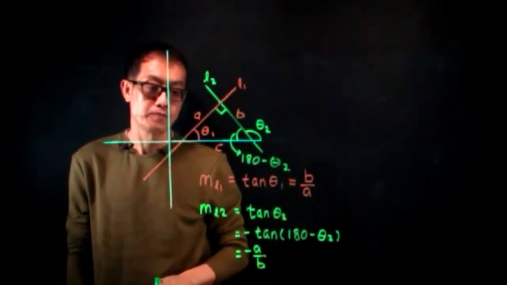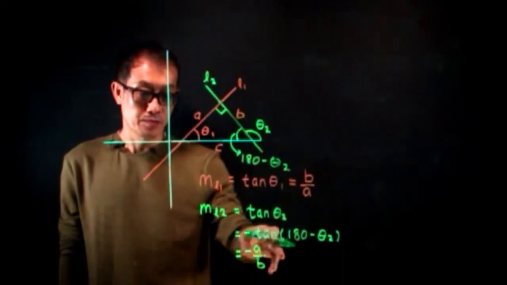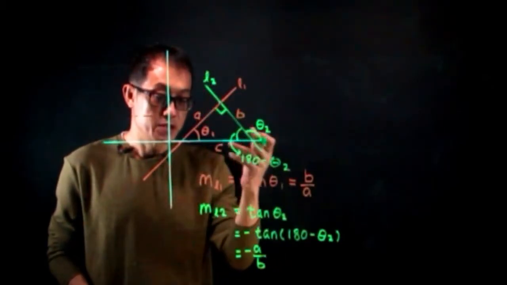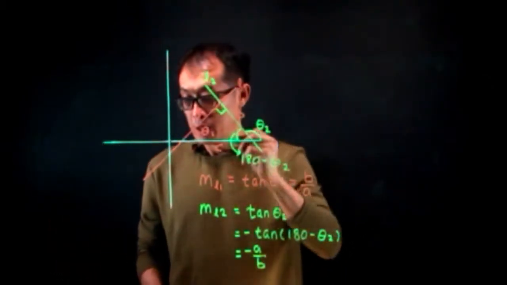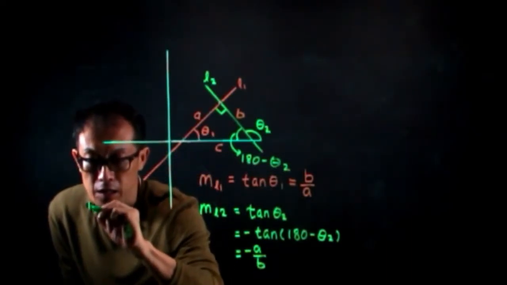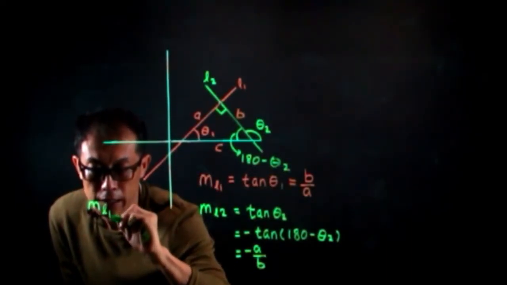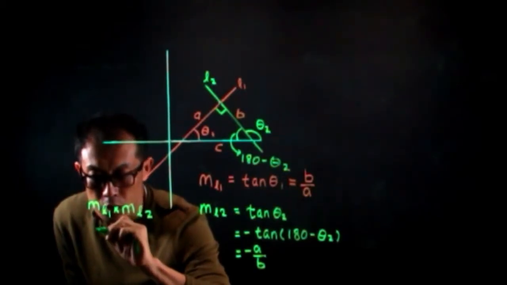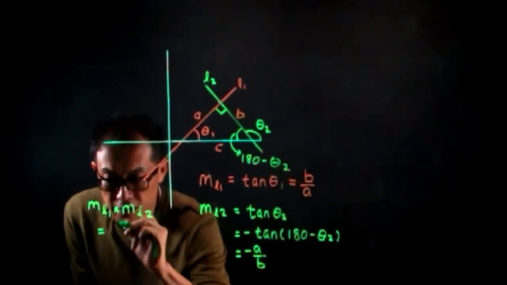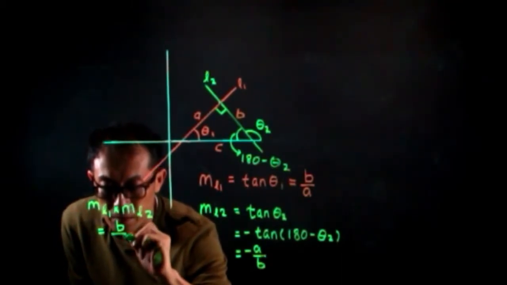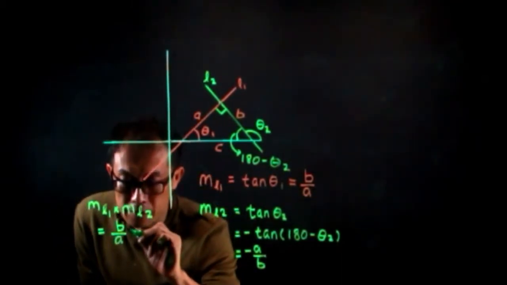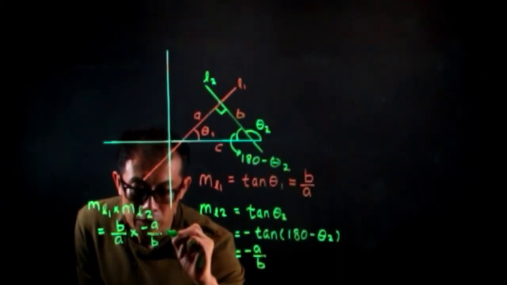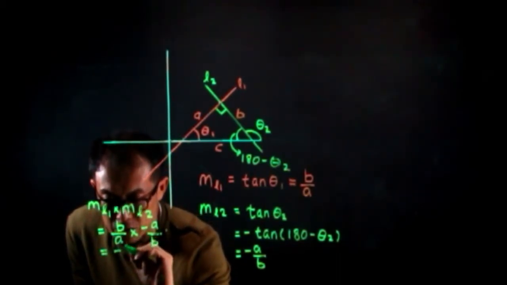Okay. Now, if you use m1 times m2, the gradient of line 1 times the gradient of line 2, what will you get? Okay, now let us write over here. M L1 times M L2, you get B over A multiplied by minus A over B, and you got minus 1.